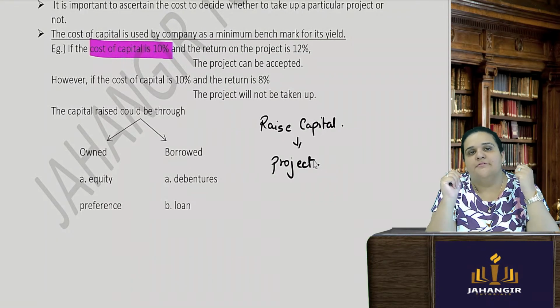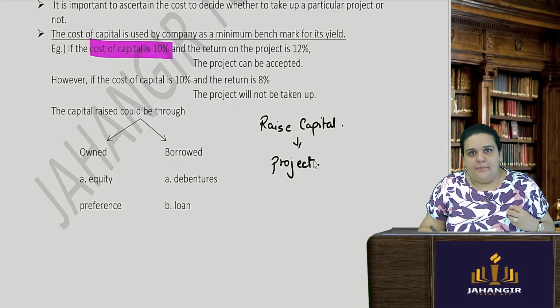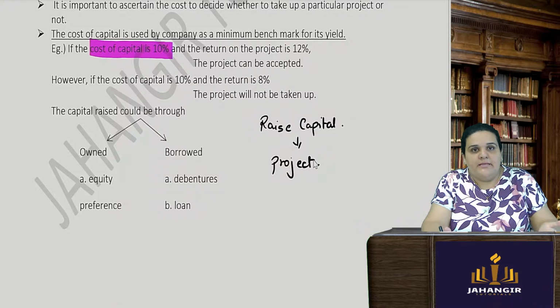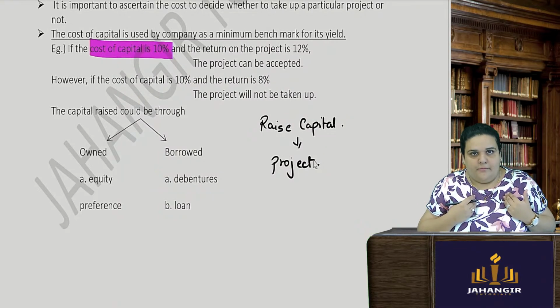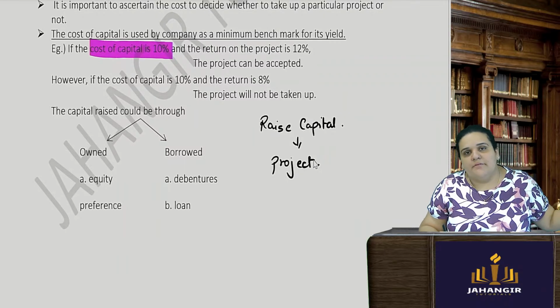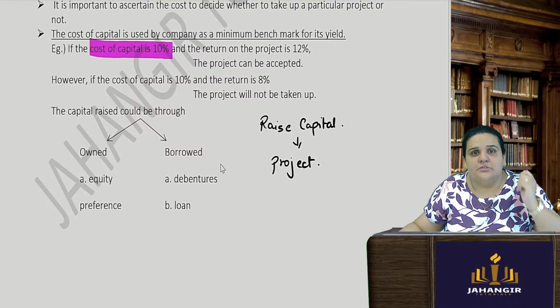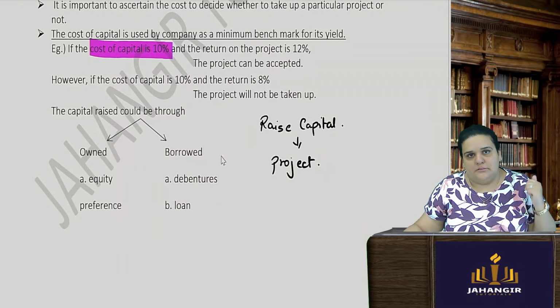Why have they put it in financial management? If I am a company raising money from people, there is a cost. I am going to take that money and invest it in a given project. I need to know whether that project is going to give me more than the cost.